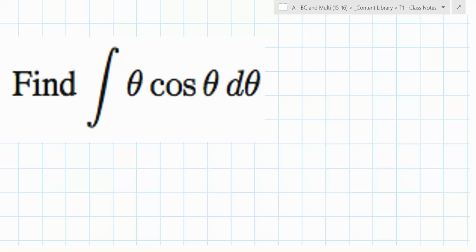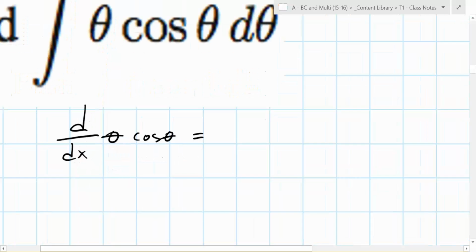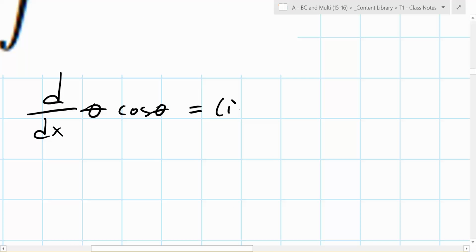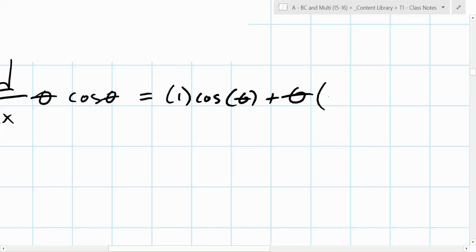This one does not quite have the nice feature that the first one did. What's the nice feature that's missing from this one? d/dx of theta cosine theta. If we did that one right there, you have the derivative of the first times the second plus the first times the derivative of cosine, which is negative sine. So we have cosine theta minus theta sine theta, right?